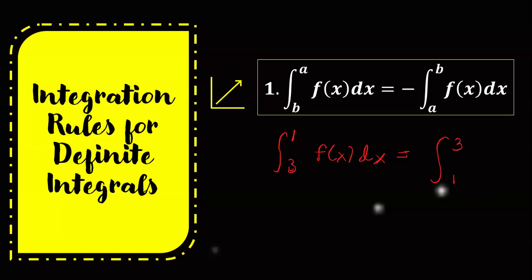To fix this, you simply put a negative sign and then you still have the original function f of x dx. You simply make it a negative, and then you can now interchange the upper and the lower values.